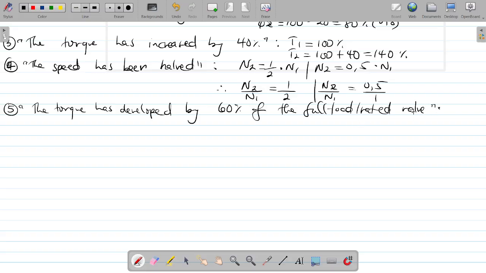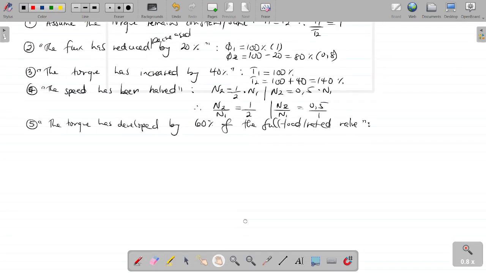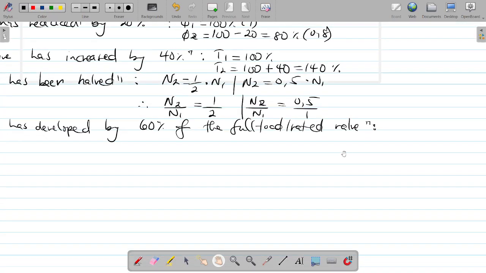So in this case, when you read such a statement, all you will do is say T2 equals 60% of any value, which is 60 divided by 100 of it. "Of" means you're multiplying by that value.